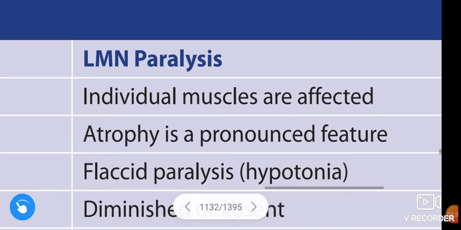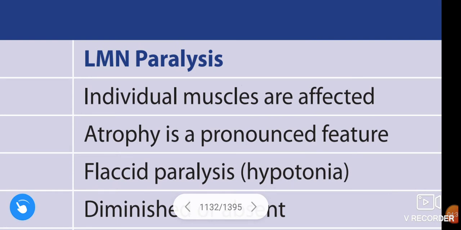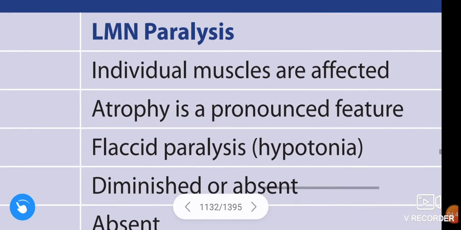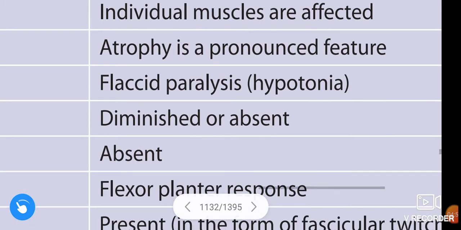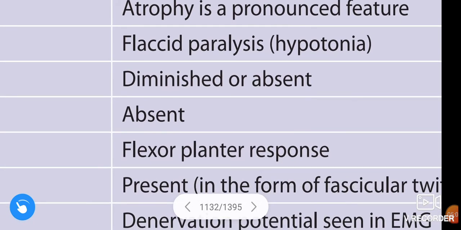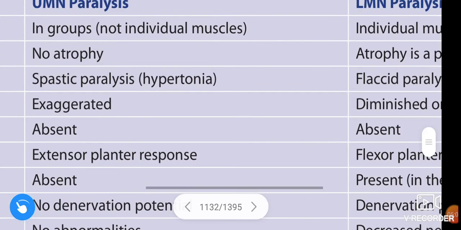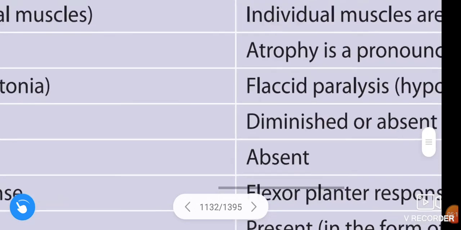Next, in lower motor neuron paralysis, individual muscles are affected. Atrophy of the muscle is a pronounced feature. The type of paralysis is flaccid paralysis, also called hypotonia. Tendon reflexes are diminished or absent. Superficial reflexes are absent in both upper and lower motor neuron paralysis.